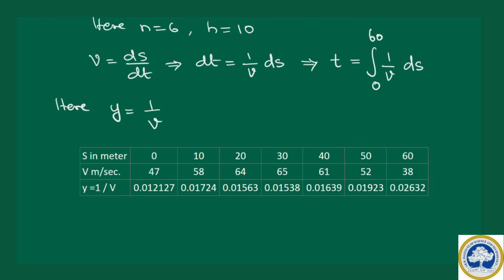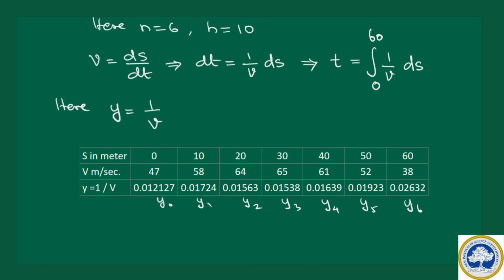That is, v = 47 means 1/47 is 0.012127. Similarly 1/58, 1/64, 1/65, 1/61, 1/52 and 1/38. If we calculate, we can write it in decimal value like this. Now these are y0, y1, y2, y3, y4, y5 and y6.